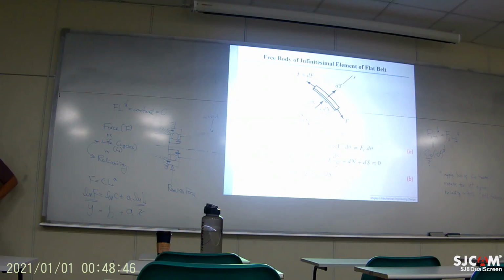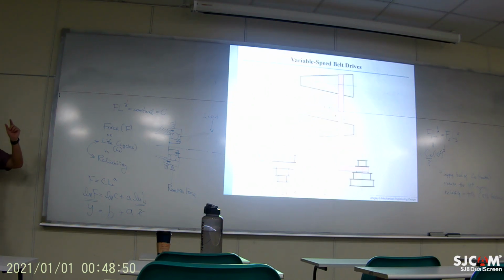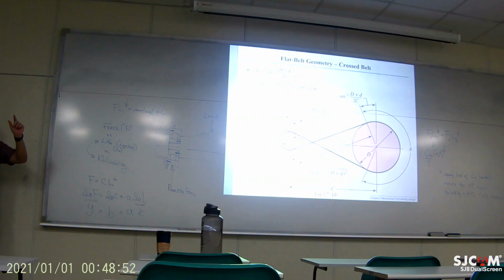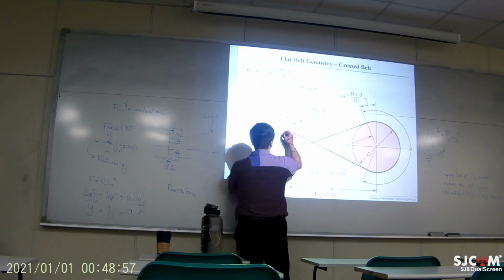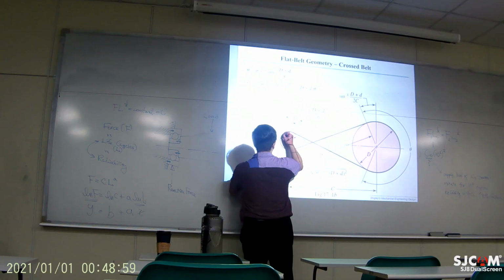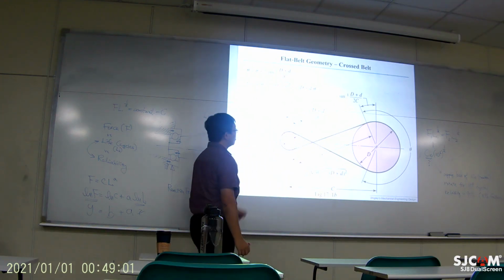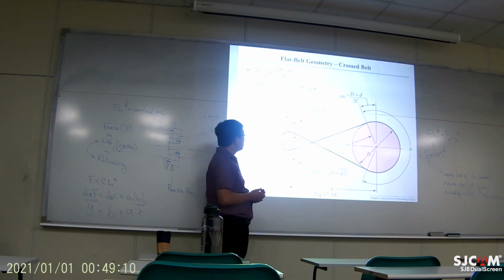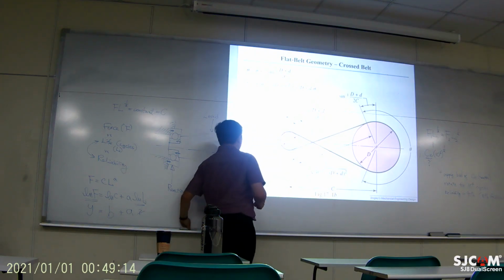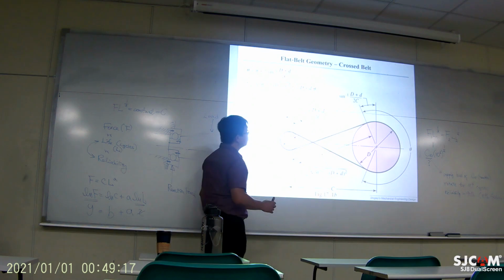Here is somewhere you have contact with the pulley. You just pay attention to a small portion. Once you can do that, all you need to do is integrate along the entire area of contact between the belt and pulley.